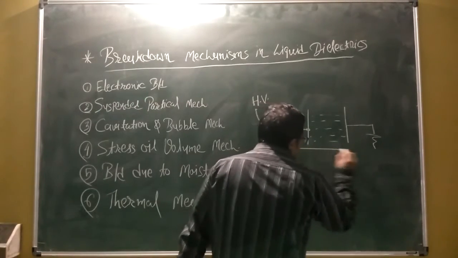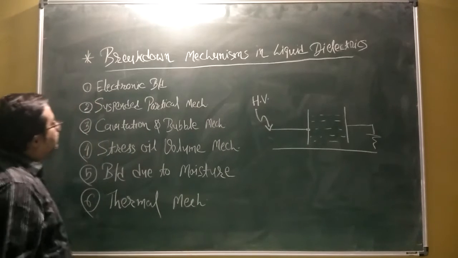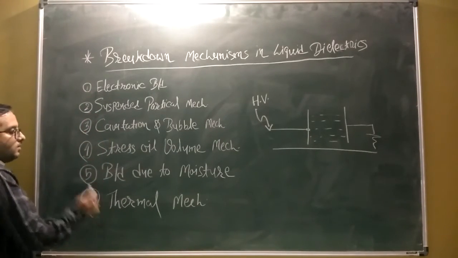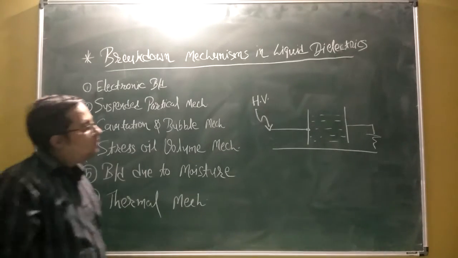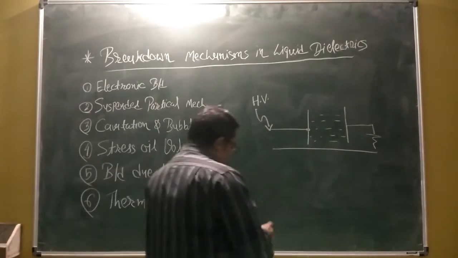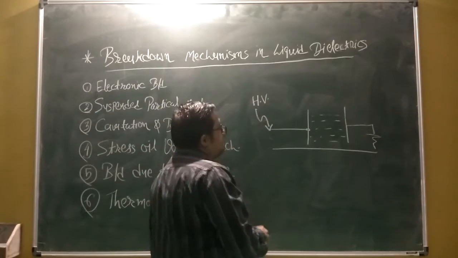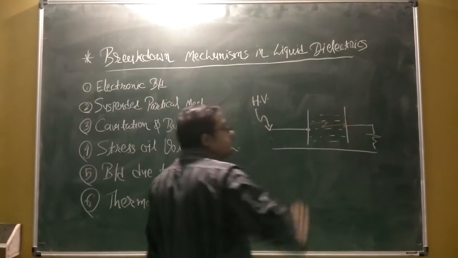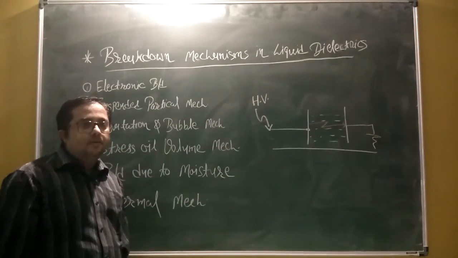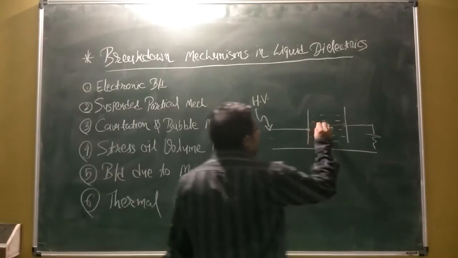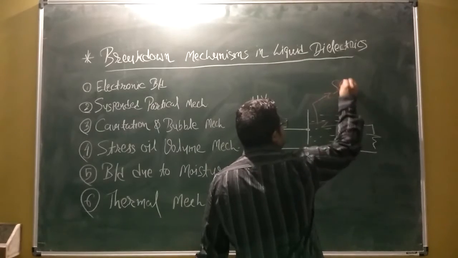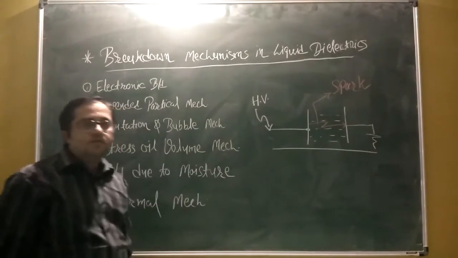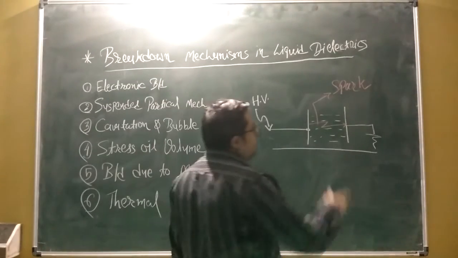So here you can see there are a number of processes which are responsible to enable the formation of this spark. The pink representation denotes the formation of this spark.